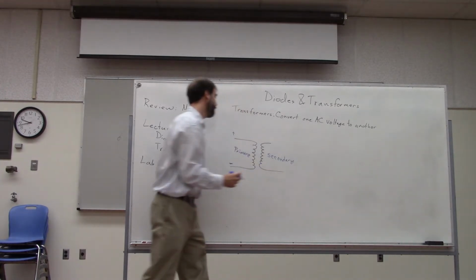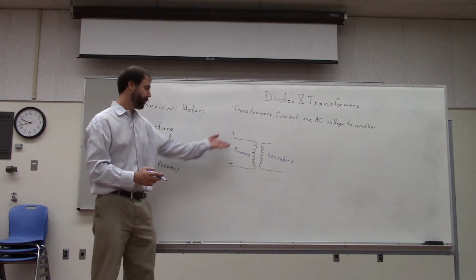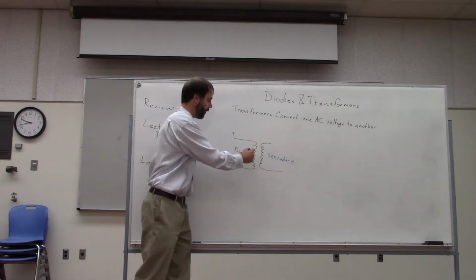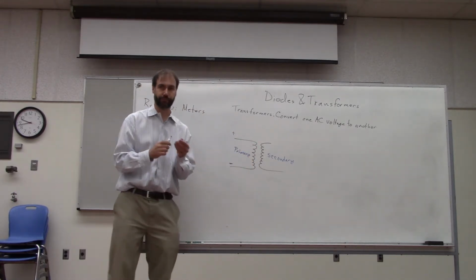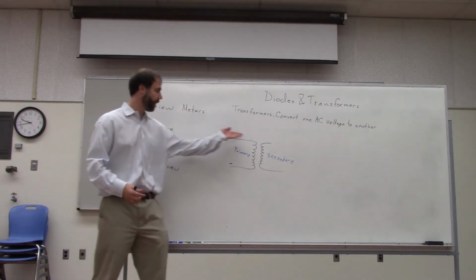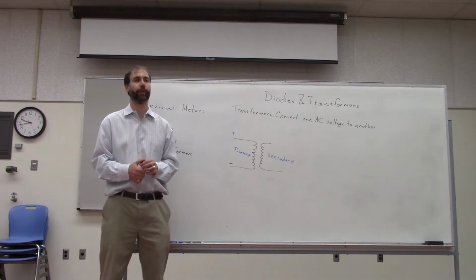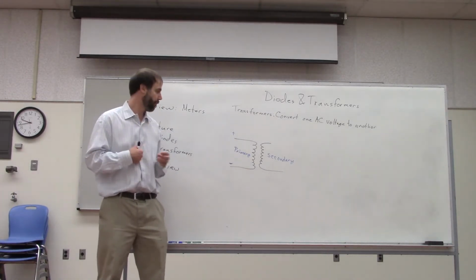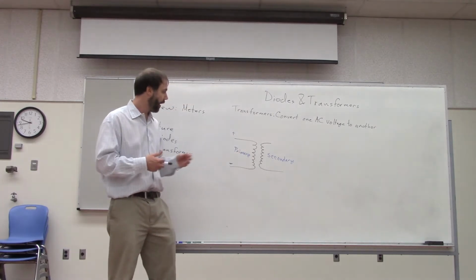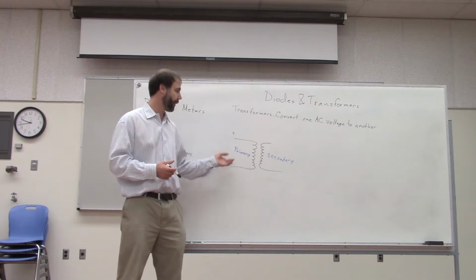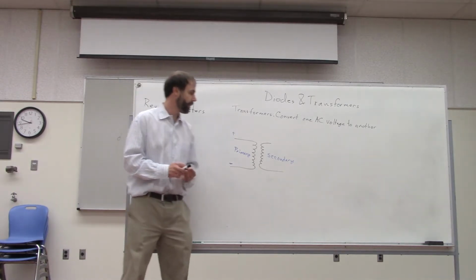So you're applying a positive and negative voltage on the primary like this. That pushes a current through the primary coil, right? And you guys know what happens when you put a current through a coil of wire, right? What does that coil become? Magnetized. So you're creating a magnetic field over here, and electricity is kind of funny.